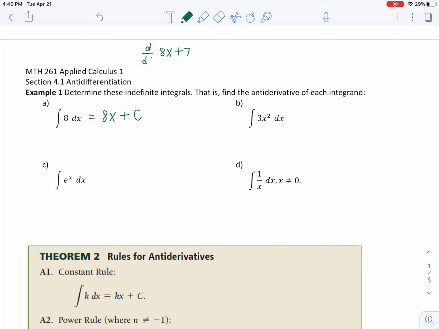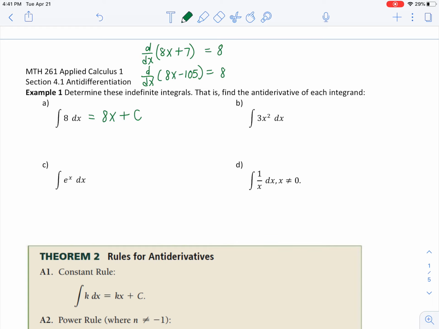And you know, 8x does, right? But it's not just 8x, but also anything else that has 8x, for example, 8x plus 7. If you take the derivative of 8x plus 7, what's that going to be? That's going to be 8, right? Because the 7 really doesn't matter. What about 8x minus 105? If you take the derivative of that, that's just going to be 8, right?